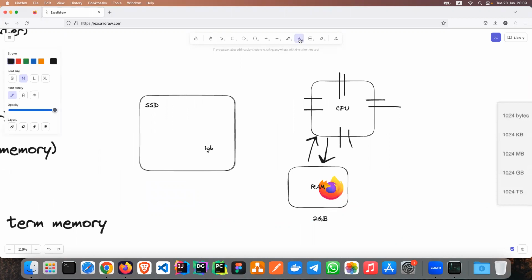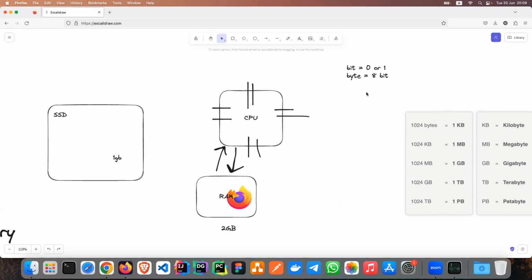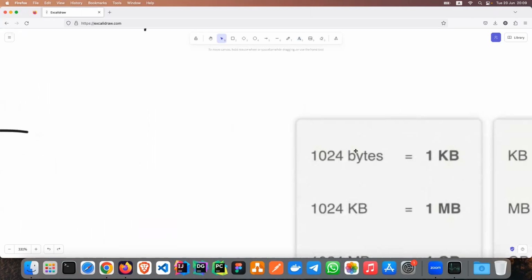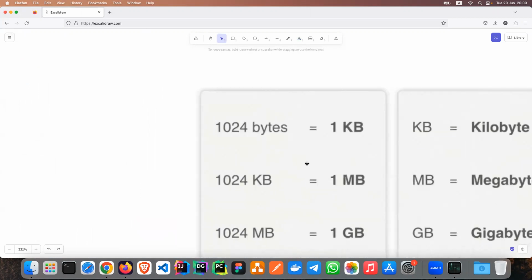Also, just to mention megabyte and gigabyte: what is a bit? It's 0 or 1, right? What is a byte? It's 8 bits. Bit is 0 or 1. Byte is 8 bits. Okay, when we have 1024 bytes, we call this a kilobyte.